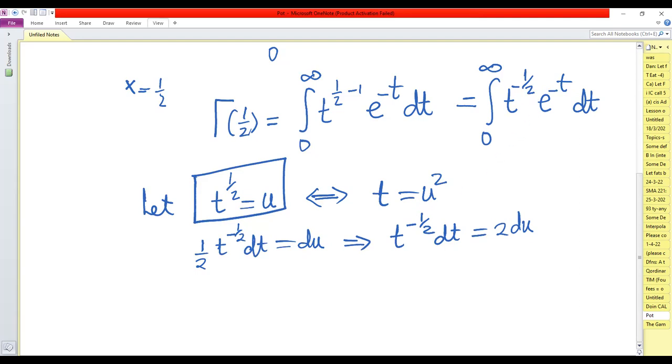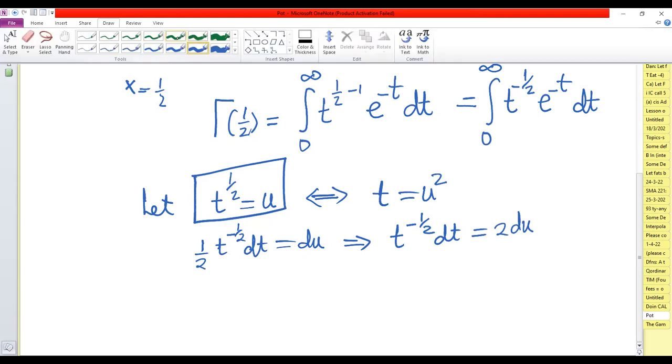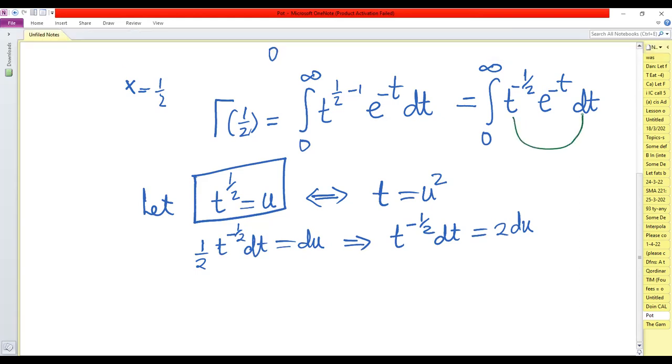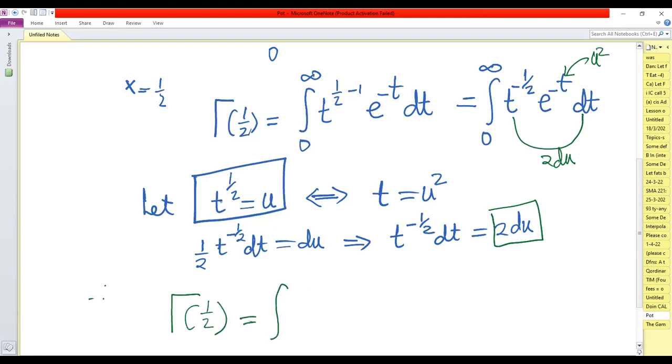So if I pick this t raised to power negative a half and join it to this dt, I'll be able to replace that product by 2 du, and then I simply replace this t by u squared from this result here. So therefore, gamma of a half will be given by the integral. Now remember, with this choice, when t is 0, limits do not change.